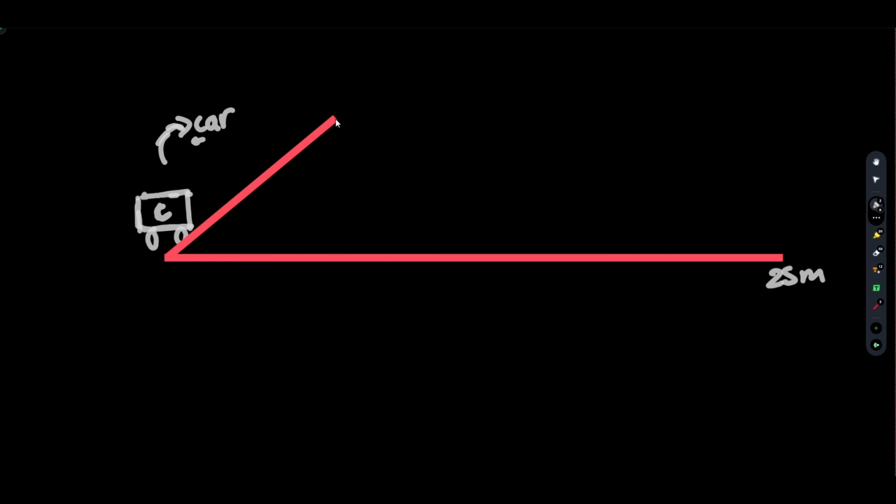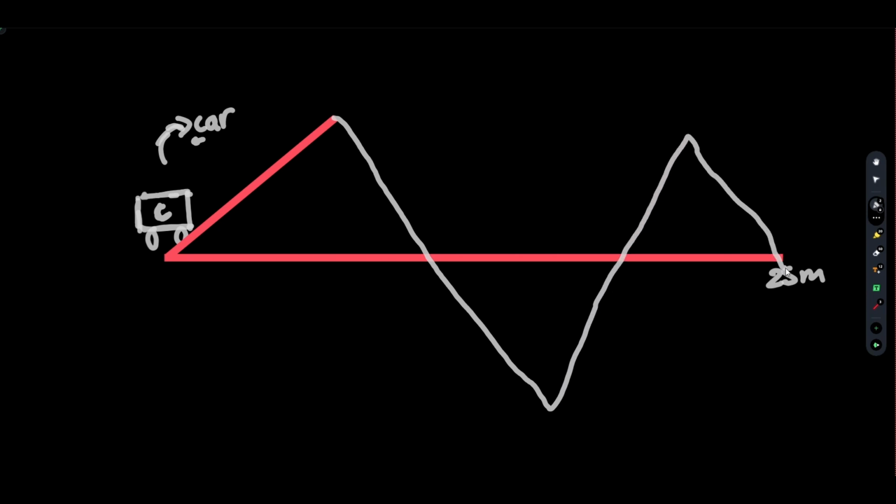He goes up, then down, then up, and then reaches the same point, which is point B, and the starting point is point A. So when he goes up, he traveled a distance of 10 meters.